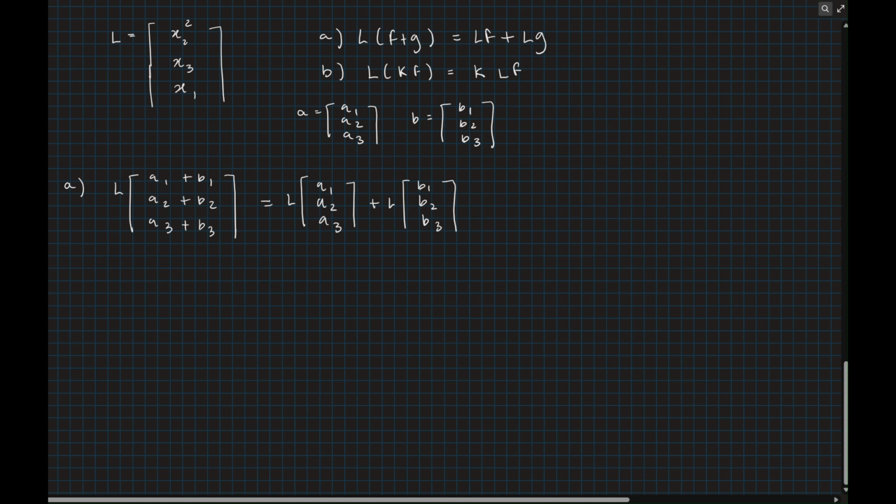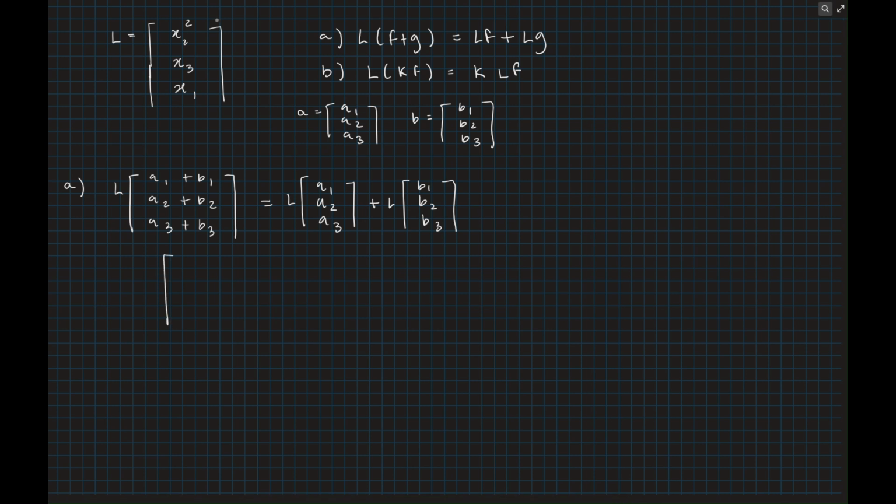So what does this mean? If we apply the operator L, we want to get our first row. The first row is defined as x2 squared, and x2 is right here.